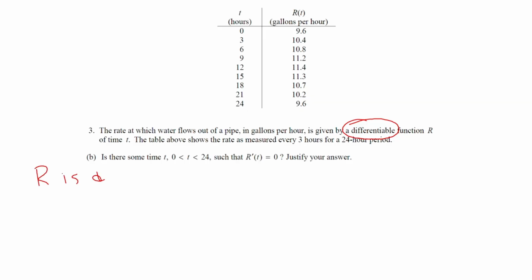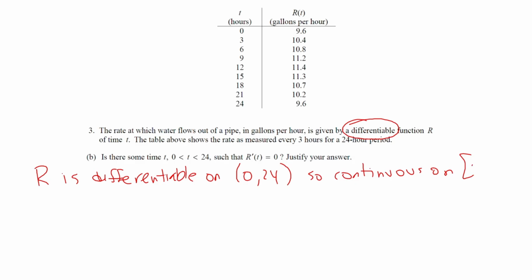So we can say R is differentiable on 0 to 24, so continuous on 0 to 24. And of course, we want brackets on our continuous part because that's the condition of the mean value theorem. So it's continuous on 0 to 24.